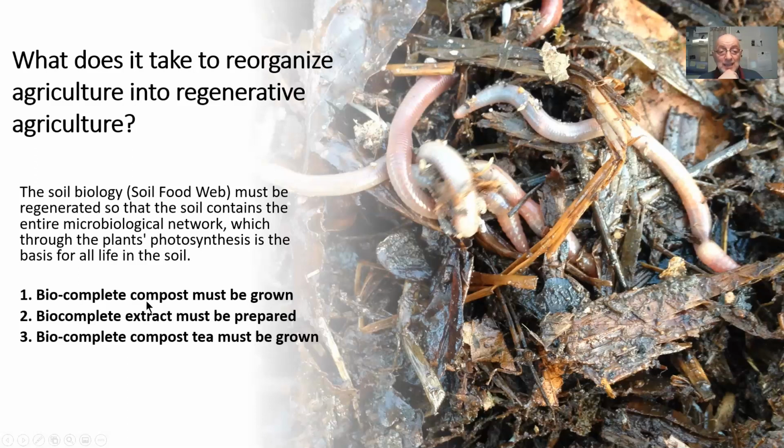Okay, next one, biocomplete compost tea must be grown. Again, we take here something we have to grow, and it's very difficult to do this thing right. I've been struggling a lot with it. Biocomplete extract must be prepared, and that means we have the extract, which is now ready.